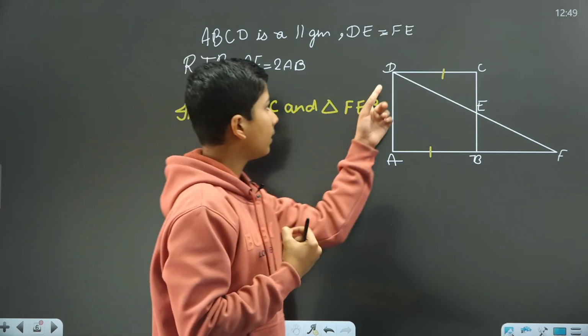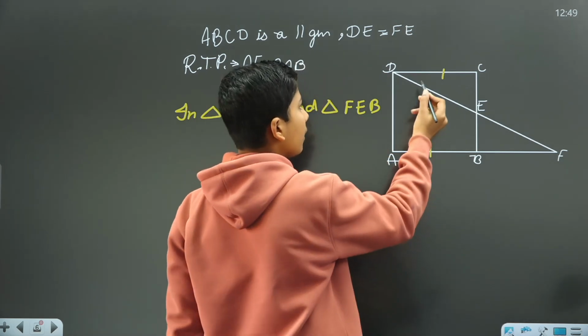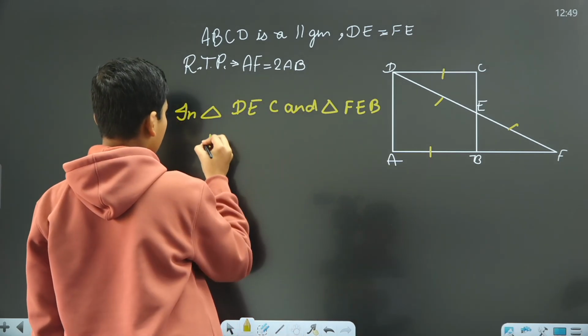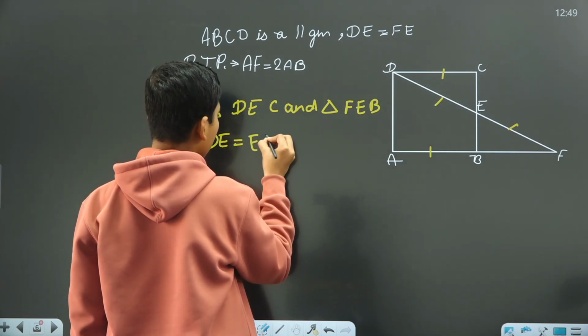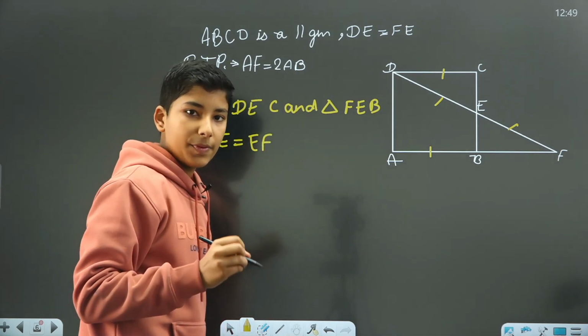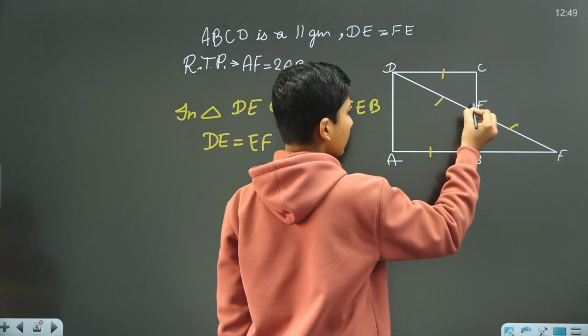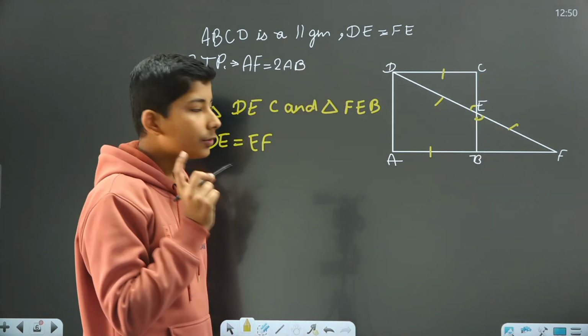We will write DE equal to EF, and in bracket we will write given, and this angle equal to this angle. How?